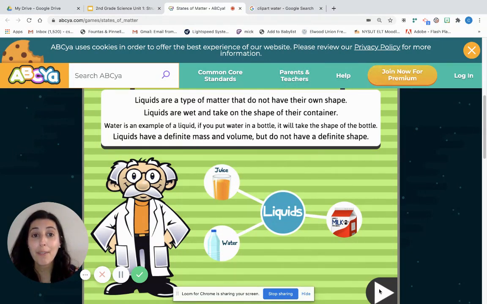Okay, now see if you can come up with even more examples of liquids. We see a few examples here. Can you think of any more examples? Go ahead and name them across your fingers.